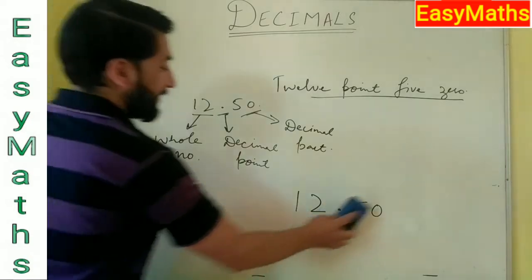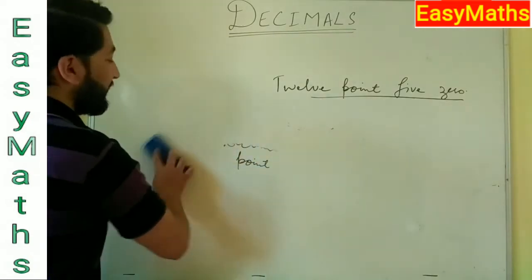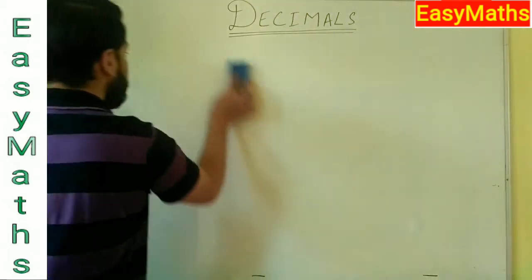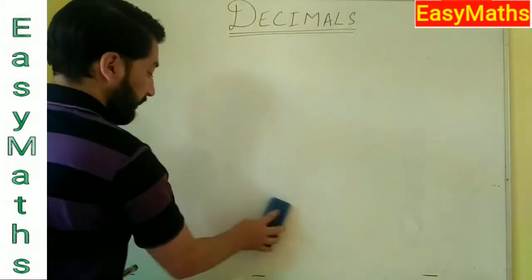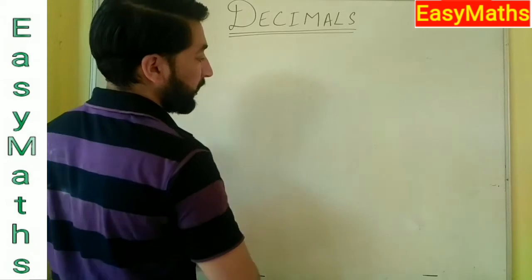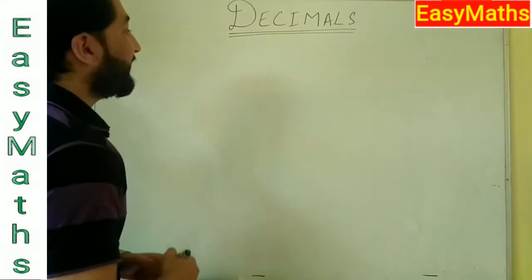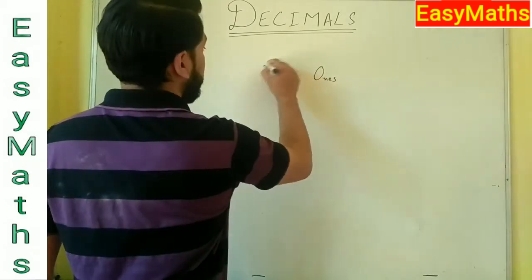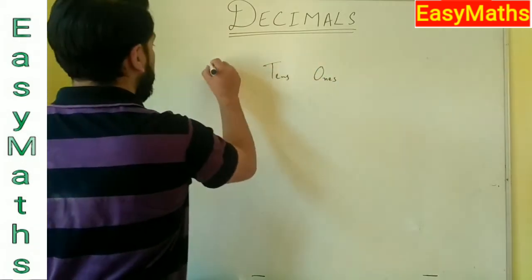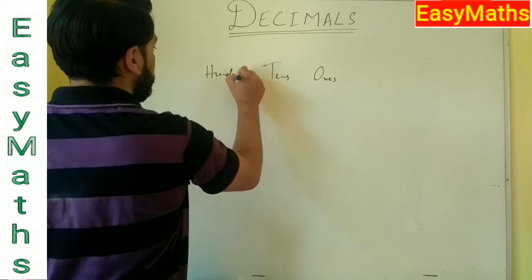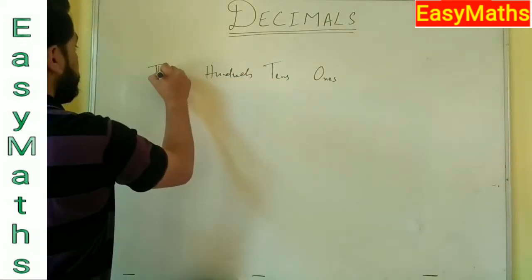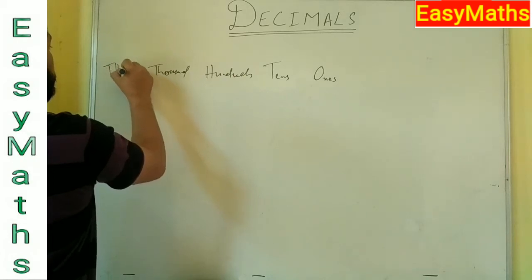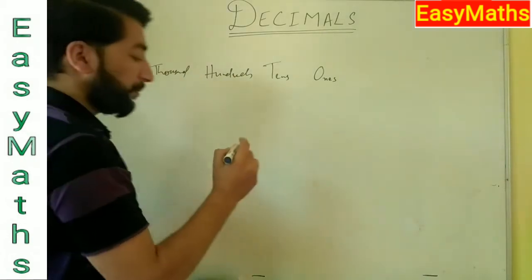So dear students, how do we write these numbers and how do we make fractions of these decimal numbers? Before moving there, let me tell you one thing: we use place value charts, that is ones, then tens, then hundreds, then thousands, then 10,000s, and so on.